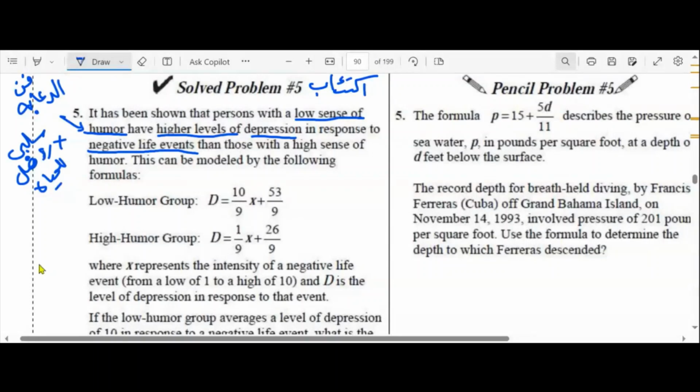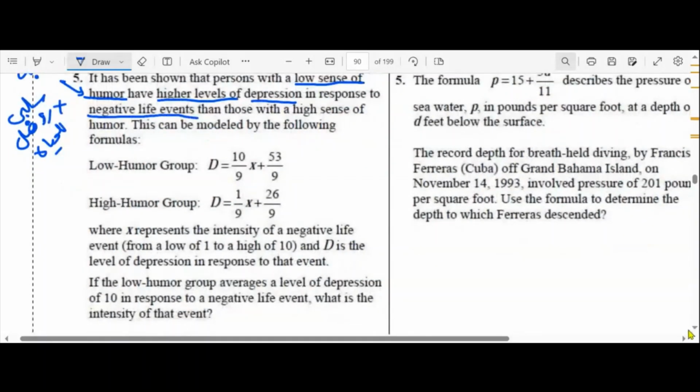If the low humor group averages a level of depression of 10 in response to a negative life event, what is the intensity of that event? Again, read this again. So what is x here? How much is x?